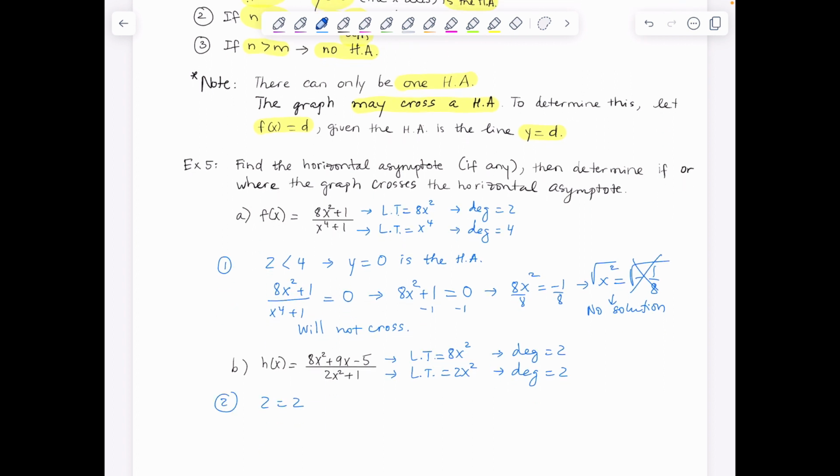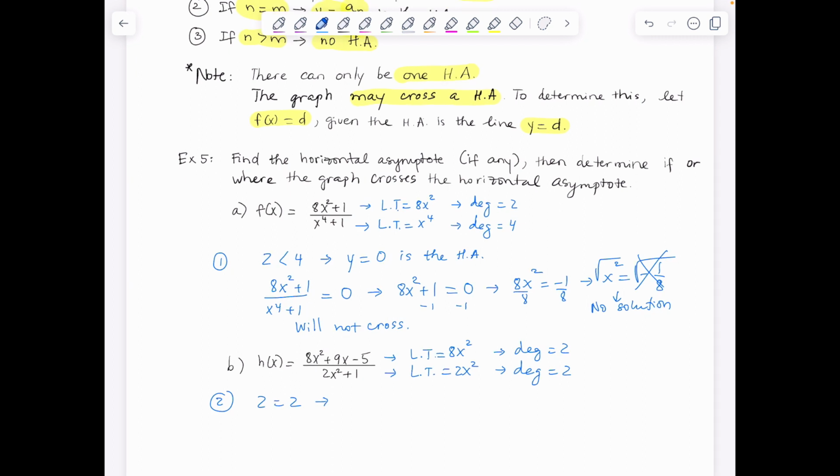So in scenario number 2, when the degrees are the same, the horizontal asymptote y will equal the ratio of the leading term of the numerator divided by the leading term of the denominator. So we're looking at 8 divided by 2, and that will give us 4. So y equals 4 is the horizontal asymptote.